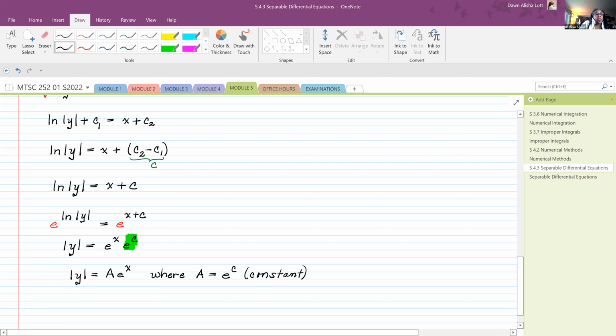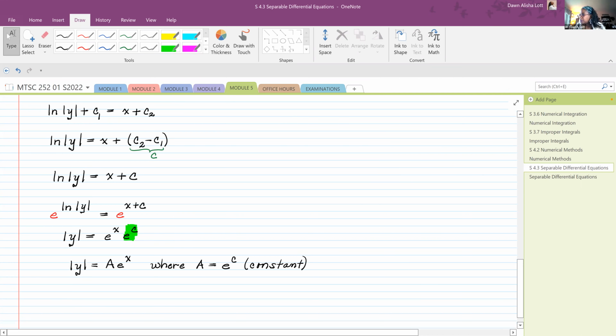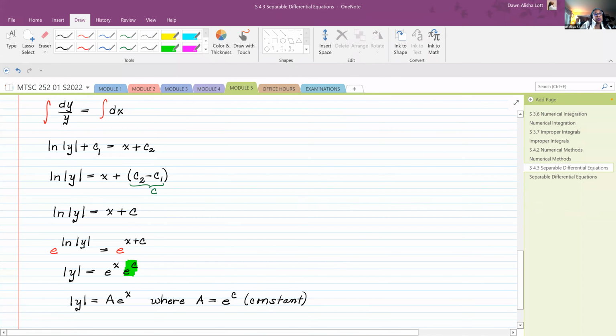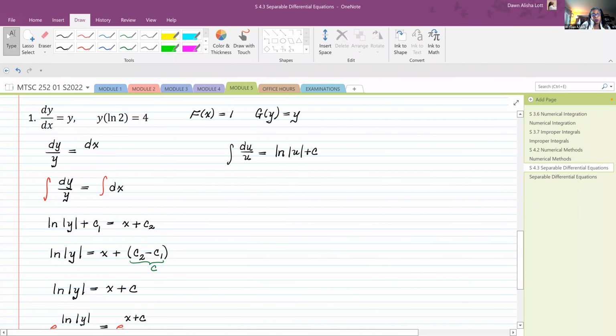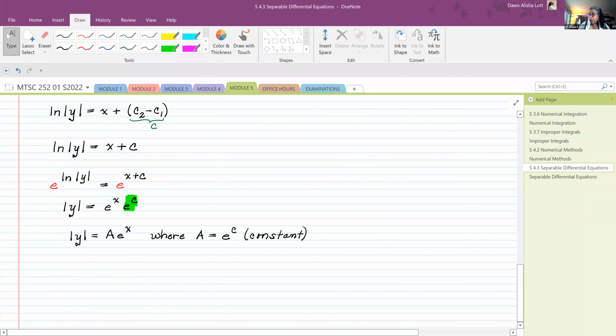Okay, so now I know that e to the x is always positive, and the absolute value of y is a positive quantity. So unless my initial condition is going to make my y negative, which it will not, I'm able to drop this and just get y is equal to a e to the x.